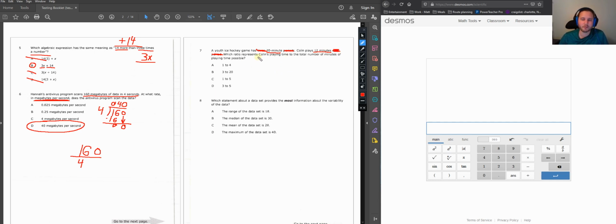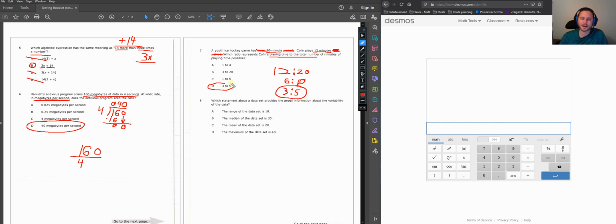So this problem is asking for a ratio of playing time to total minutes. So that is 12 to 20, which if I divide 12 and 20 both by 2, I would get 6 to 10. I can divide both of those by 2 as well to get 3 to 5, which is my answer.